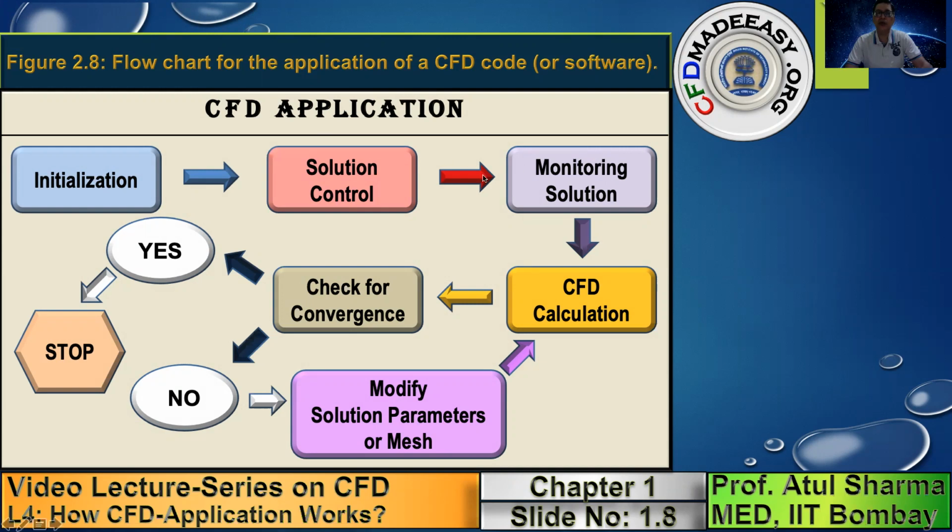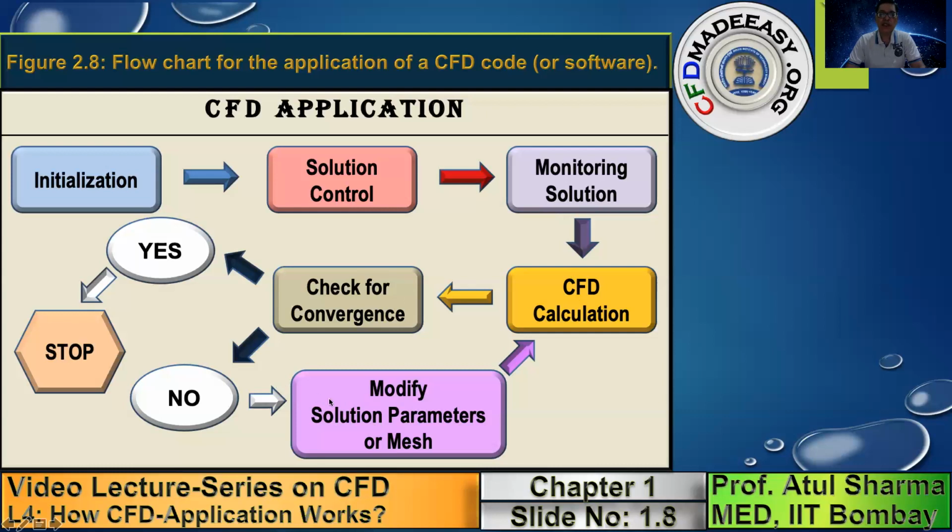So we need to check whether the convergence is going properly. So we monitor certain solutions and do CFD calculations. Finally, we check for convergence. If it is converged, then we stop the solution. If it does not converge, then we do some modifications to make it converge.